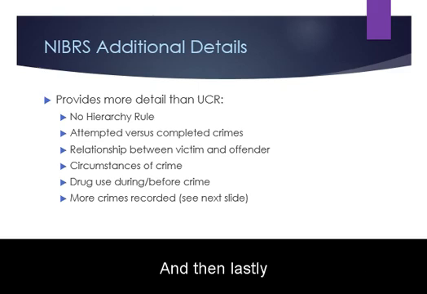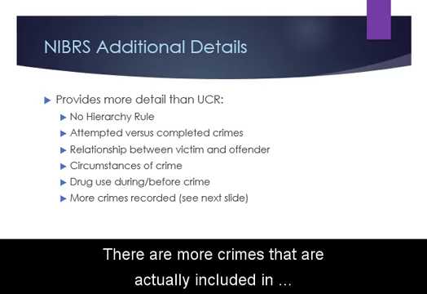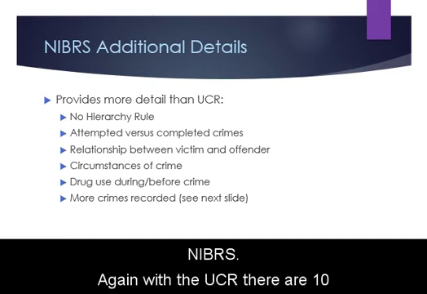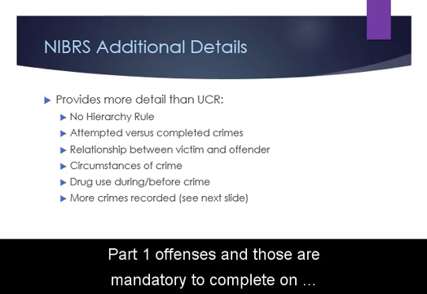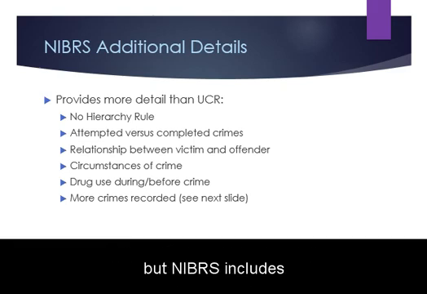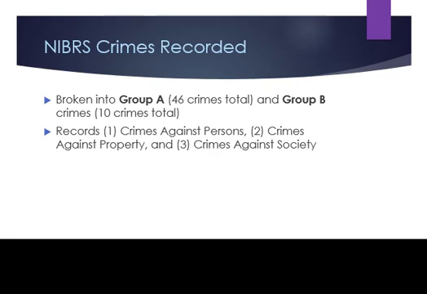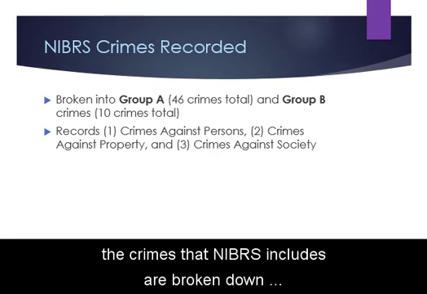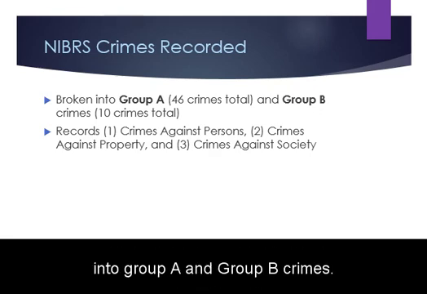And then lastly, there are more crimes that are actually included in NIBRS. Again, with the UCR, there are 10 Part 1 offenses, and those are mandatory to report on, but NIBRS includes more crimes. The crimes that NIBRS includes are broken down into Group A and Group B crimes.